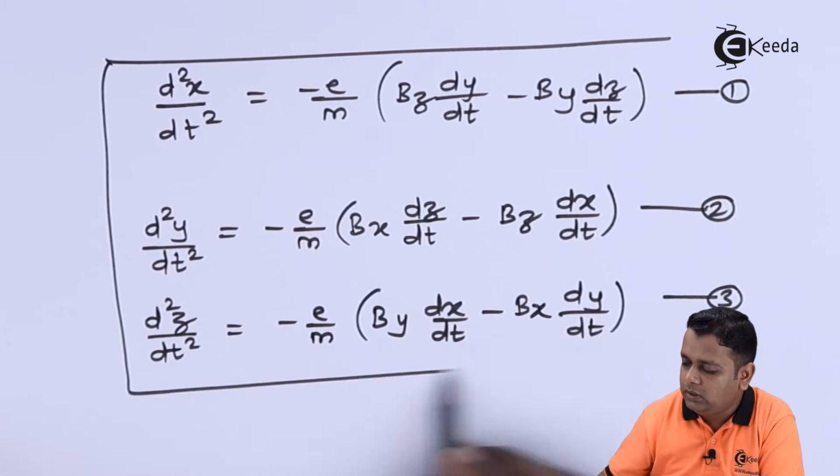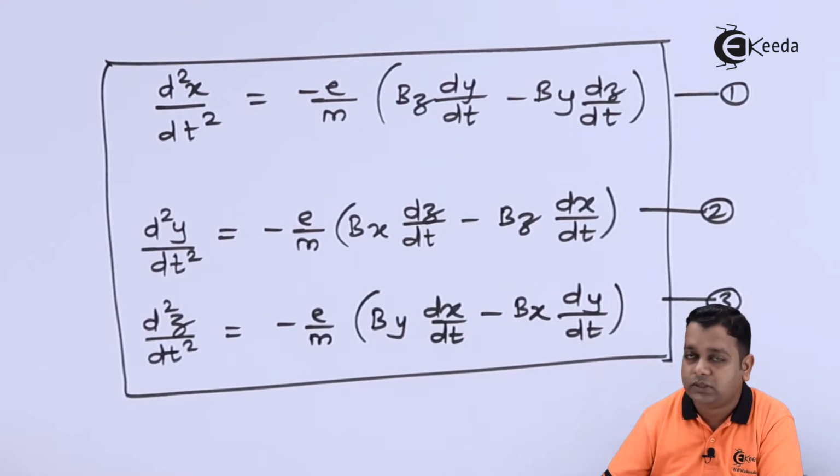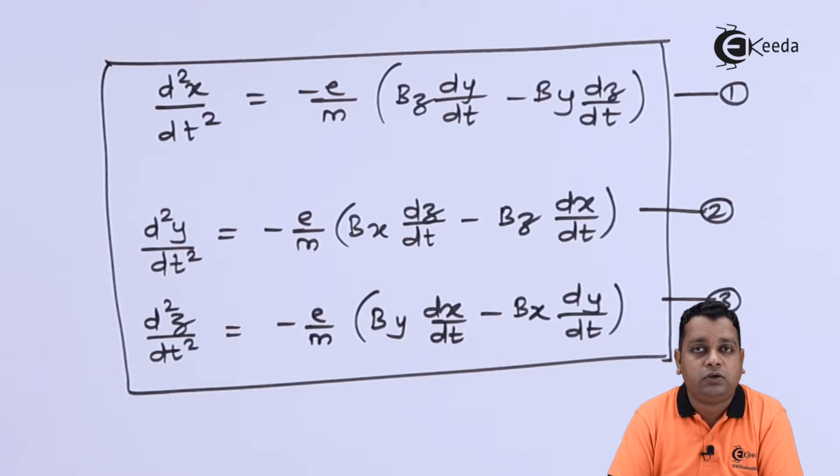So as in the previous topic we expressed the three equations in the rectangular coordinate system showing the motion of the electron in the presence of an electric field, these are the three equations for the motion of the electron in the presence of a magnetic field. Here also there may be a need for the equations to be expressed in the cylindrical coordinate system, depending on the shape of the microwave device.